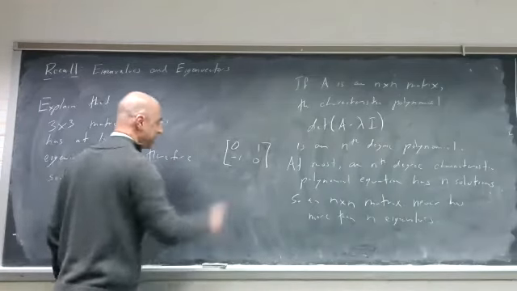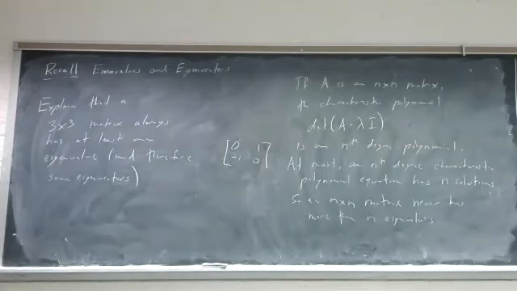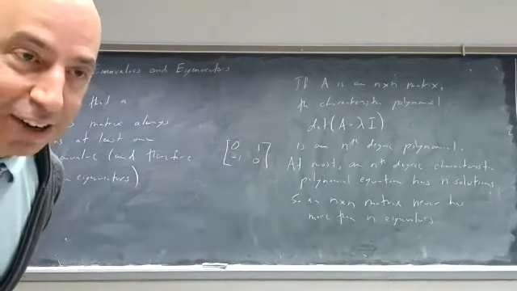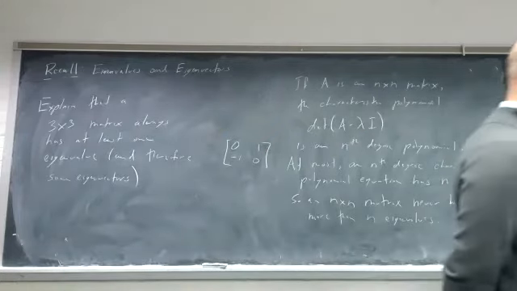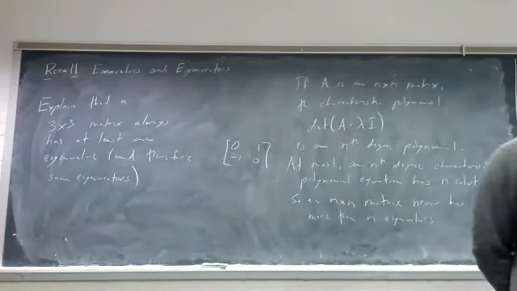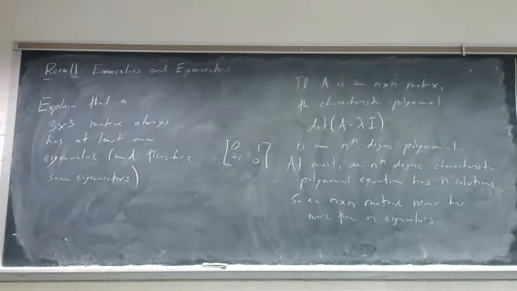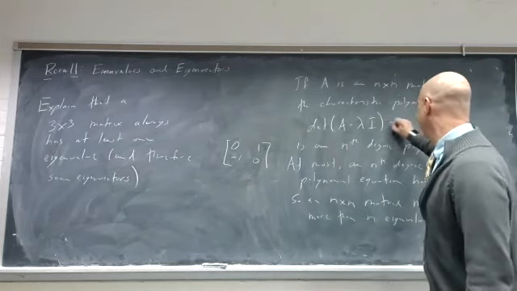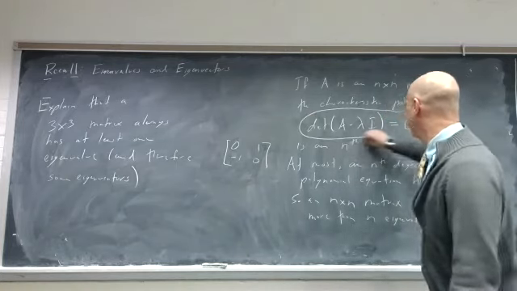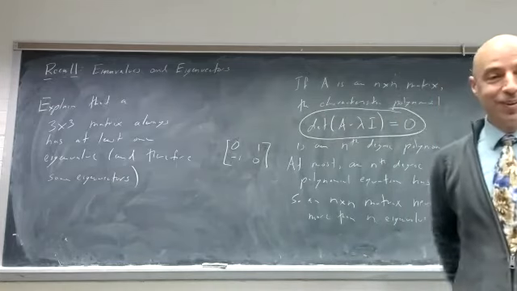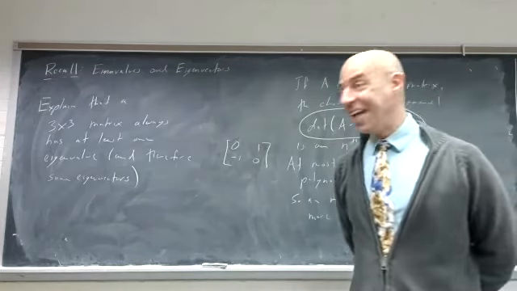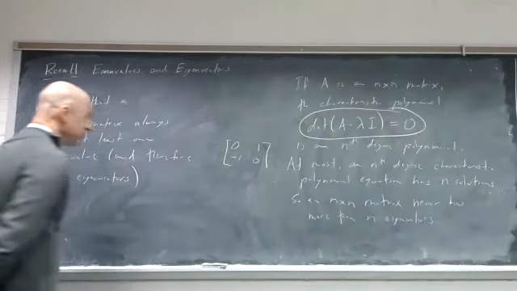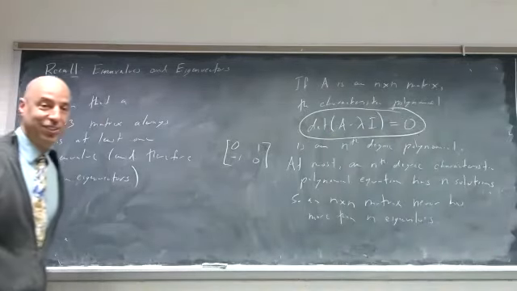So a 2x2 matrix doesn't have to have any eigenvectors. It doesn't have to have any eigenvalues. But a 3x3 matrix always has at least one eigenvalue and therefore some eigenvectors. How do you know?